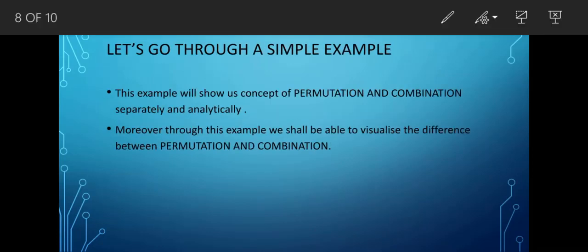Now let us go through a simple example. This example will show us the concept of permutation and combination separately and analytically. Till now, we have gone through the involvement of permutation and combination in real life situations separately. Now we shall try to visualize this through some analytical point.